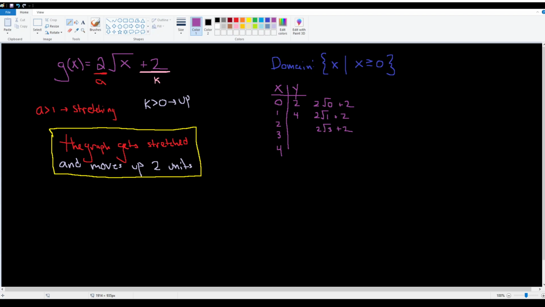Now 2 times the square root of 2 plus 2. Sorry, I'm getting ahead of myself. The square root of 2 is approximately 1.41, times 2 gives us approximately 2.83, and then plus 2 gives us approximately 4.83.